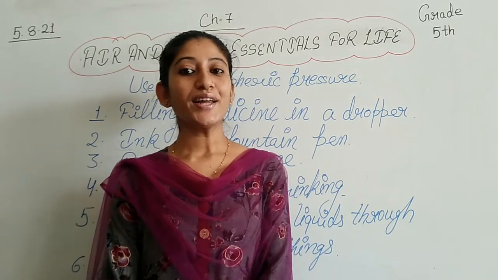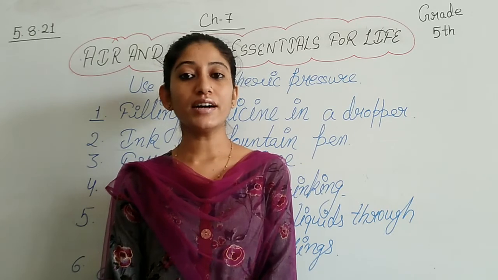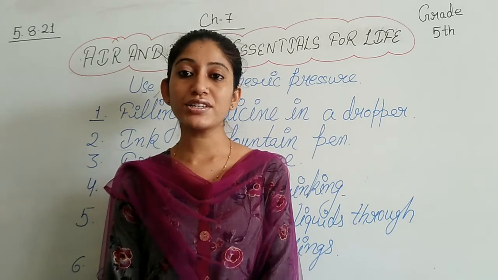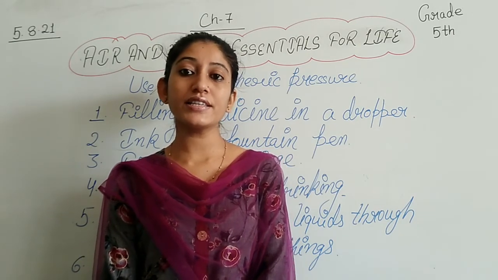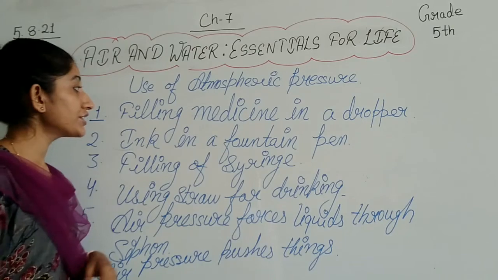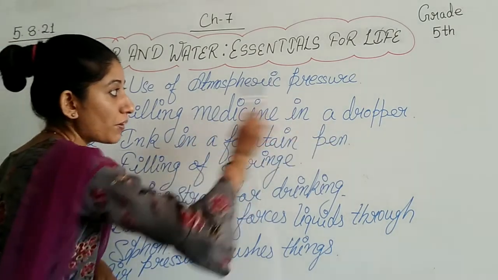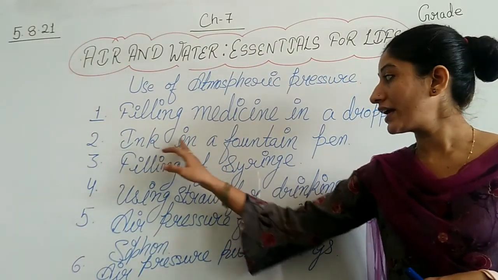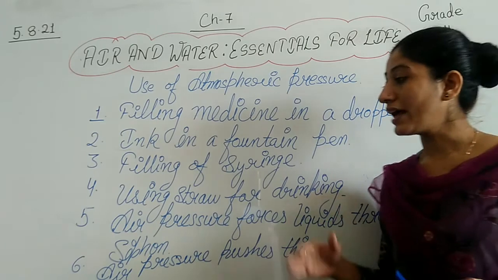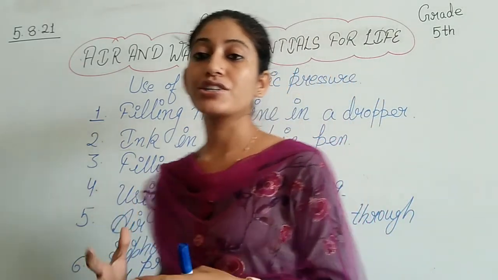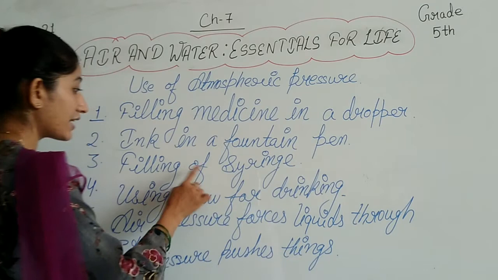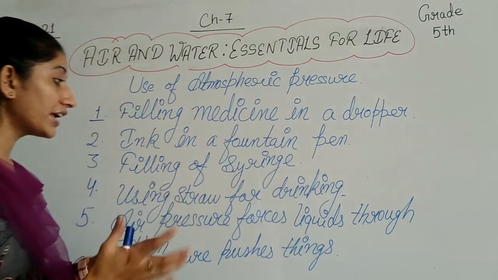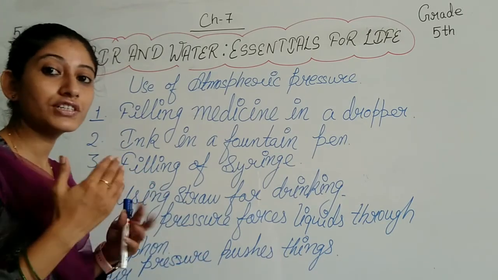So students, in today's class, we have learnt the different uses of atmospheric pressure in our daily life. What are these? We use atmospheric pressure for filling medicines in a dropper, for filling ink in a fountain pen, for filling medicine in a syringe, and for drinking liquids with the help of a straw.